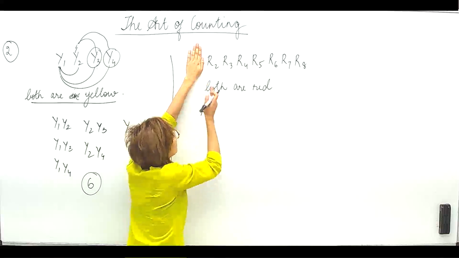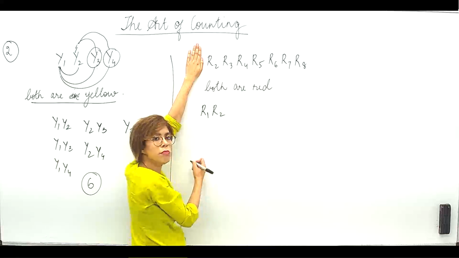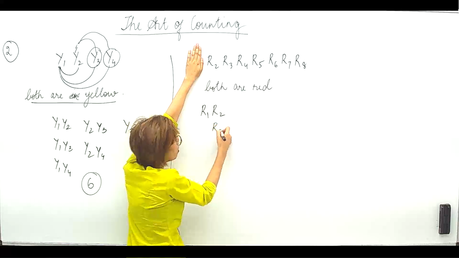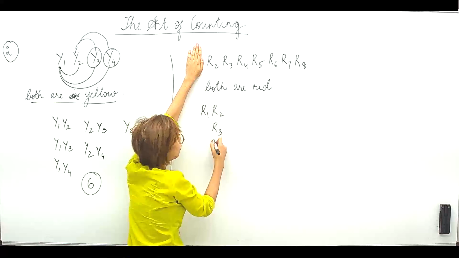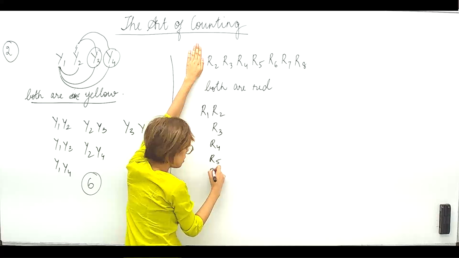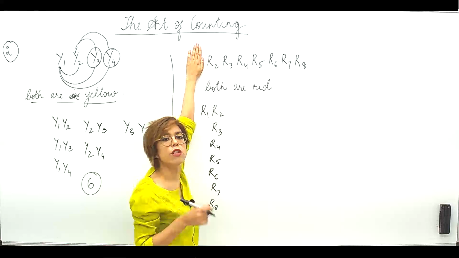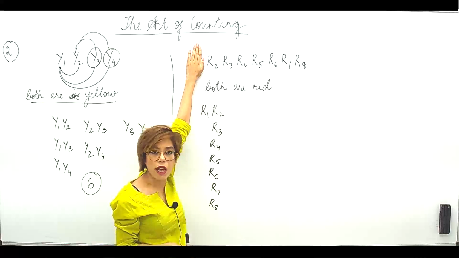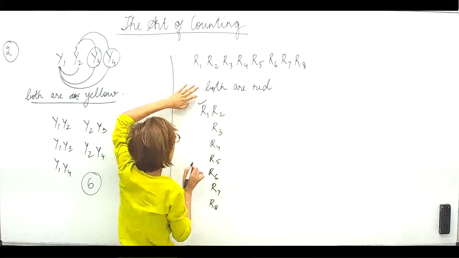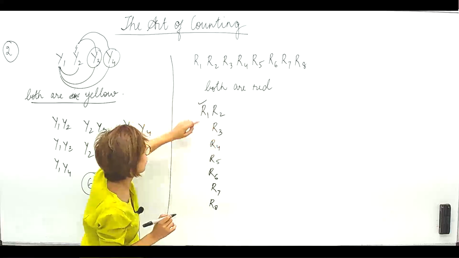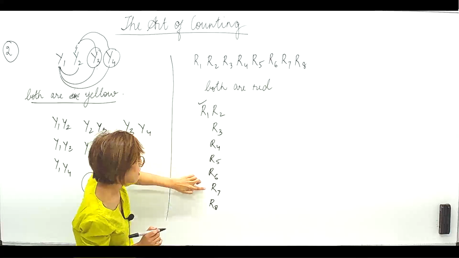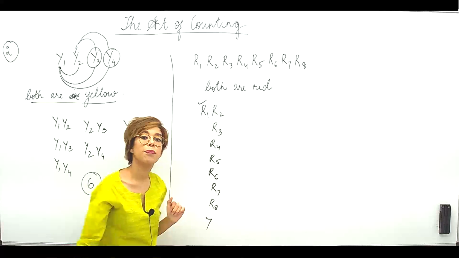Now, along with R1, I can select R2, right? With R1, I can select R3, I can select R4, R5, R6, R7, R8. R9, absolutely not, 9 roses aren't there, there are 8 roses, right? So, with R1, I can have these many pairs. So, 1, 2, 3, 4, 5, 6, 7 pairs, right?